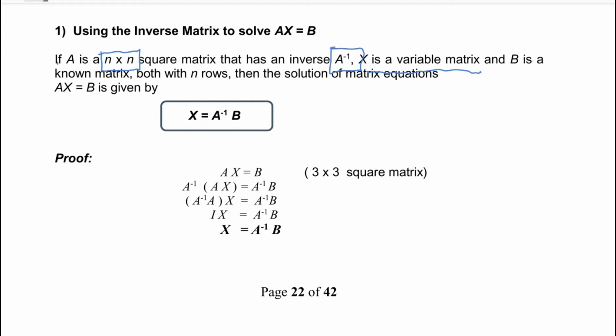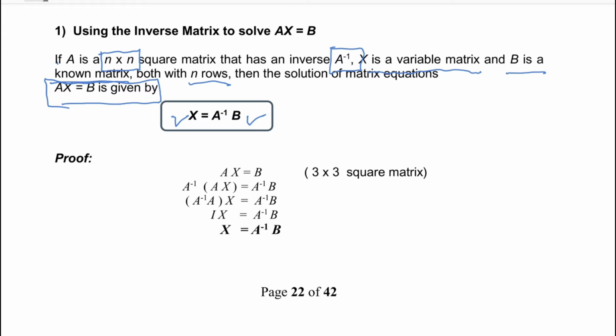And lastly, capital B is a known matrix, both with n rows. Then the solution of the matrix equation AX equals B is given by X equal to A inverse multiplied with B.